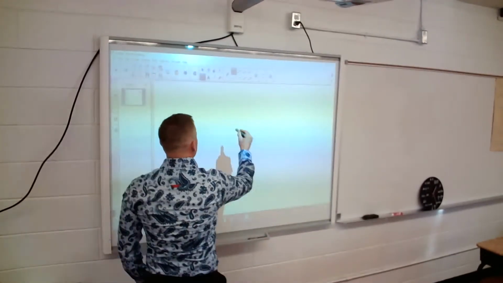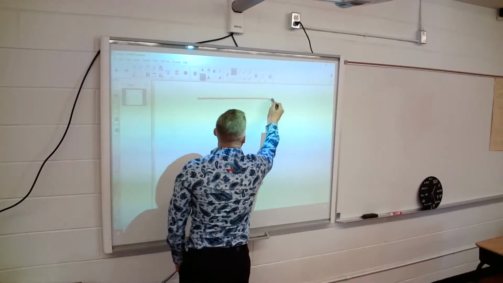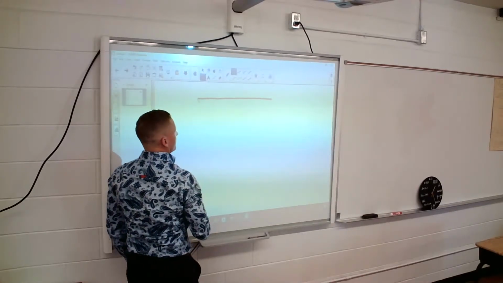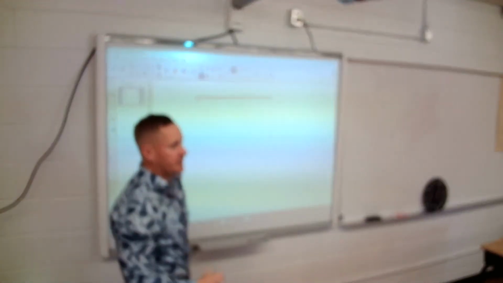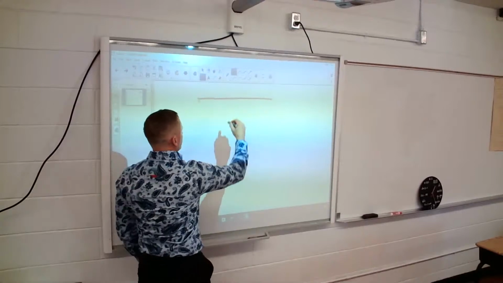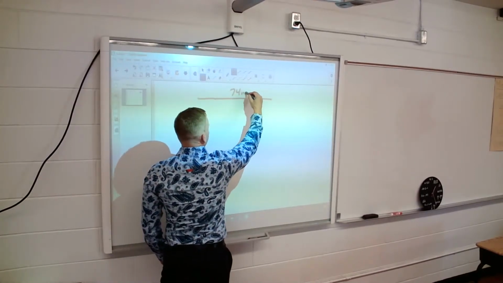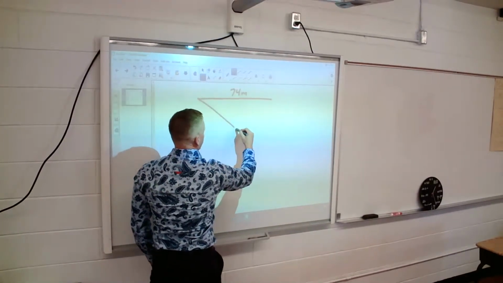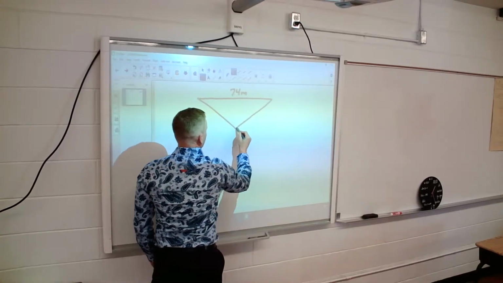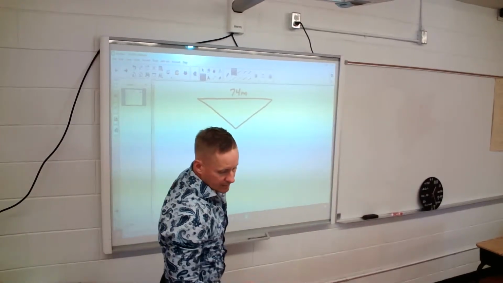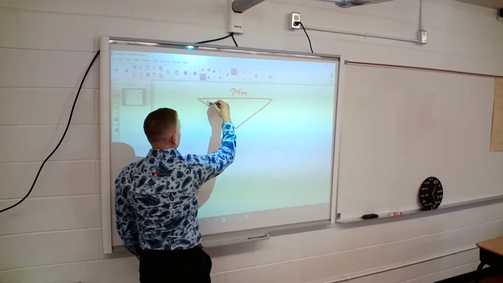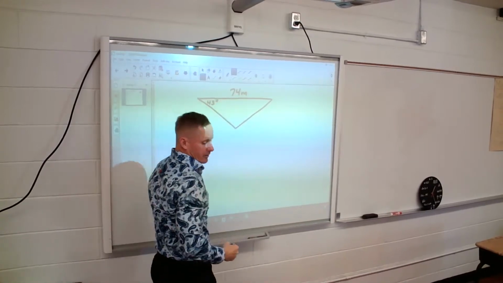All right. So here's my gorge, or my cable, where it's supposed to be without anything hanging from it. 74 meters apart, but it sags. So when it sags, one of the angles of depression is 43 degrees.